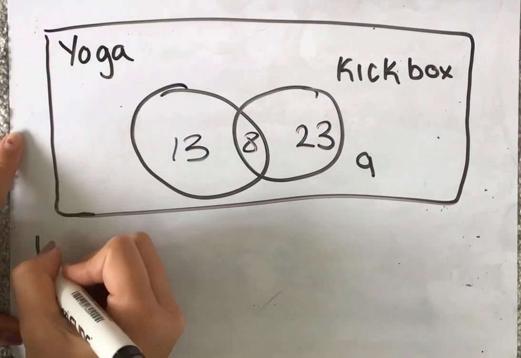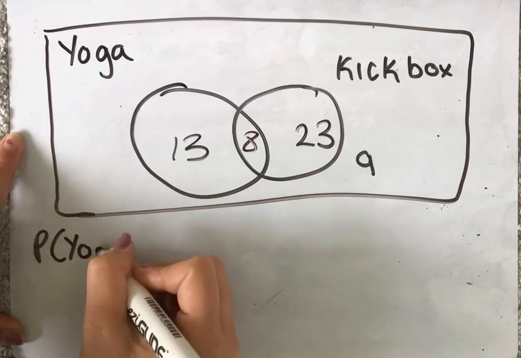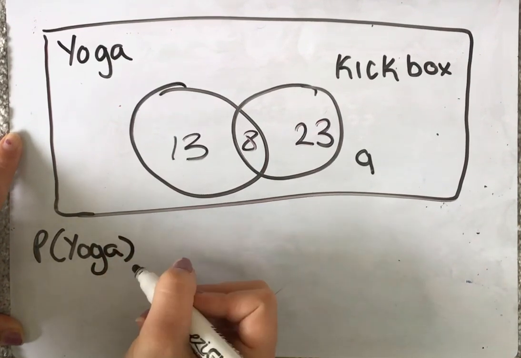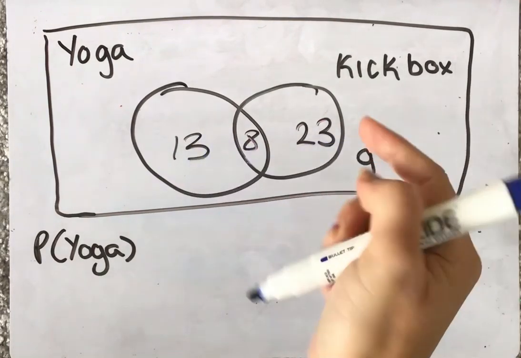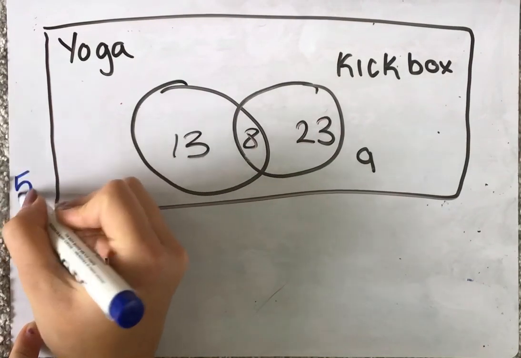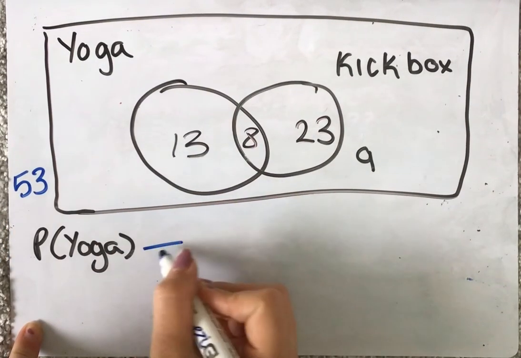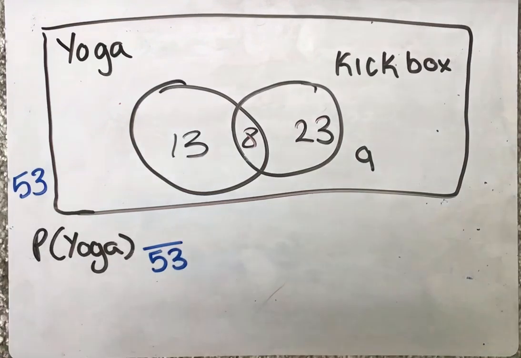Okay, such as the probability of yoga. Well, the probability of yoga, first of all, I need to work out how many people there are altogether. Okay, and luckily the question tells me, or I can just literally add them up. Okay, there are 53 people in total. So I know my probability for yoga is going to be out of 53. Now I'm looking at the entire circle for yoga.